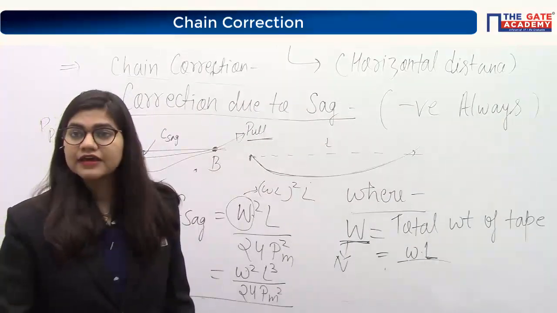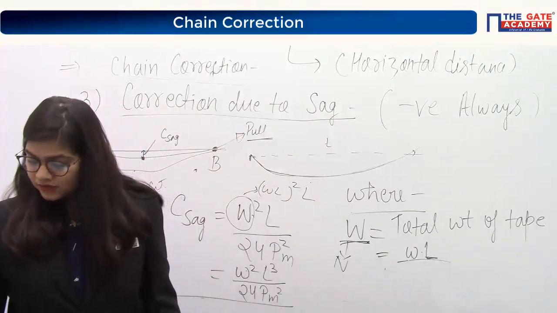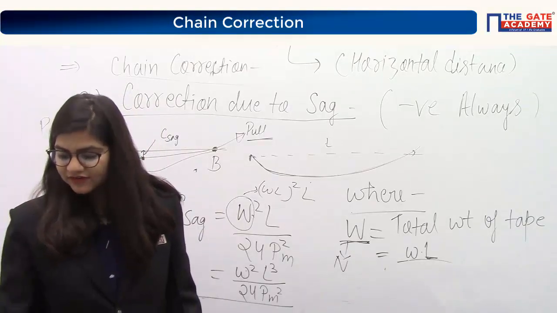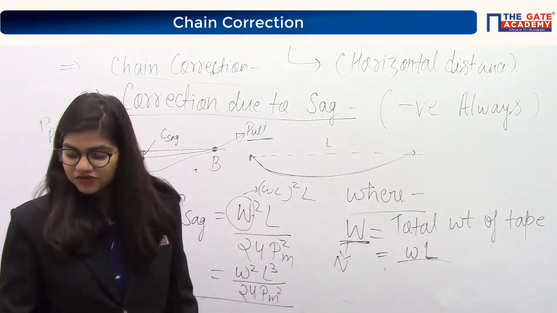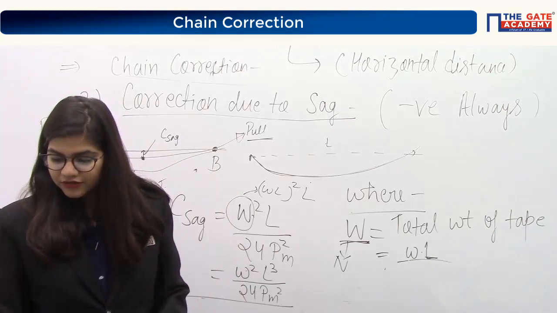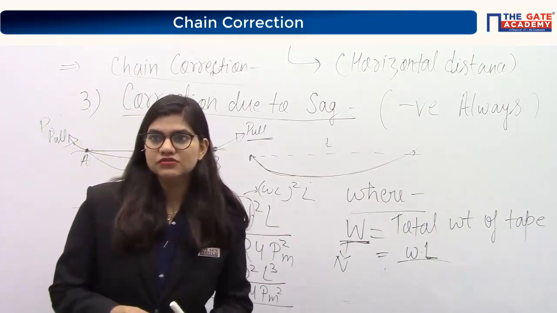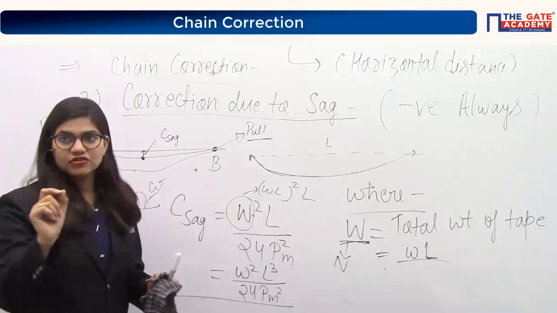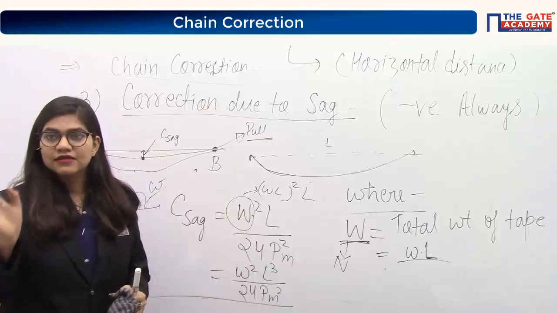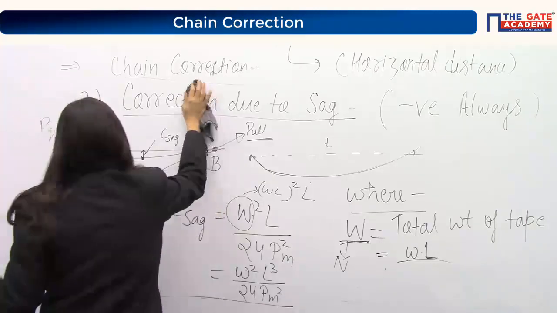This is correction due to mean sea level. One more correction is there. I forgot to tell you that it is correction for MSL. I'll give you the formula for that.